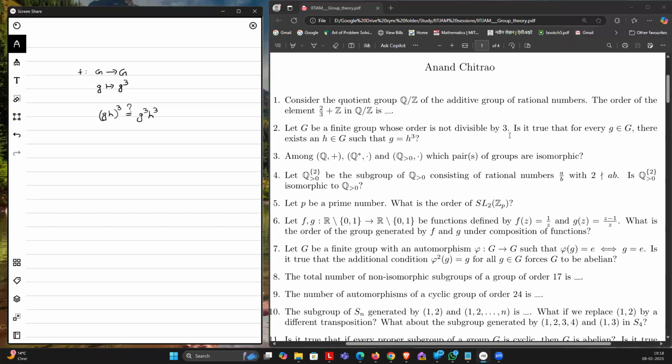In the question, you're asking if the cube map is surjective. Given any g, can it be written as a cube of something? So you are asking if the cube map is surjective. Then you might as well check if the cube map is injective.